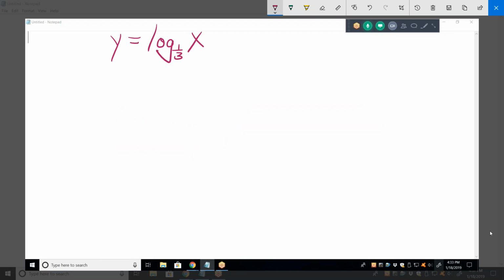What do you get? The way you verbalize that is log base 1/3 of y, where y is called the argument. The argument is the log of what? You can have a base of anything, and then you have the argument.